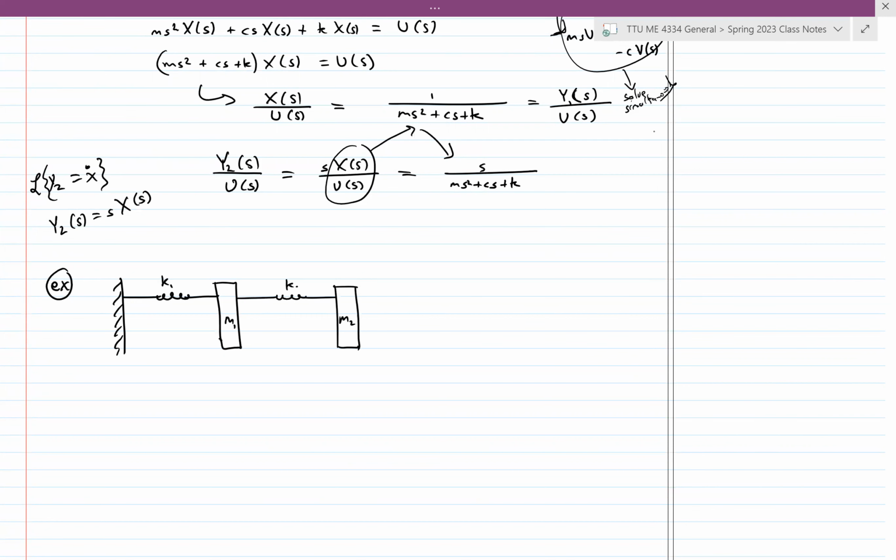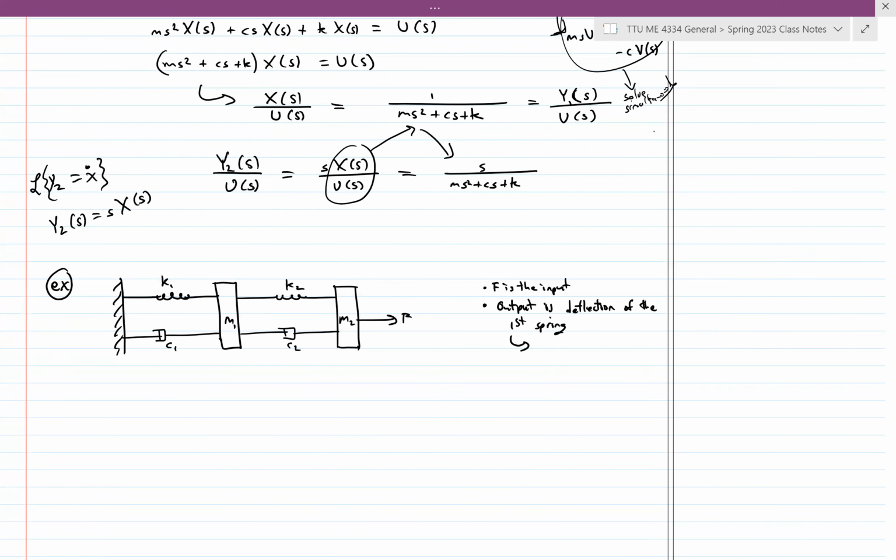This is K1, this is K2. We have a damper C1, another damper C2 here, right, and a force F acting on our system. All right. And so for this problem, F is the input. Output is deflection of the first spring.